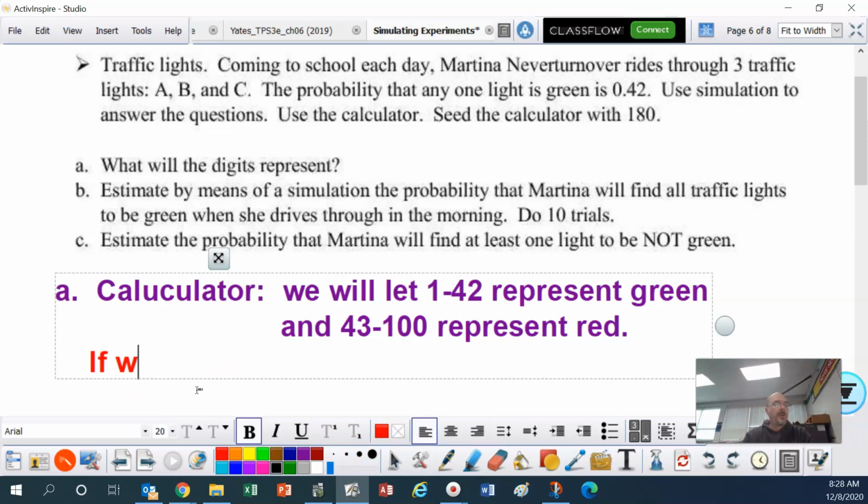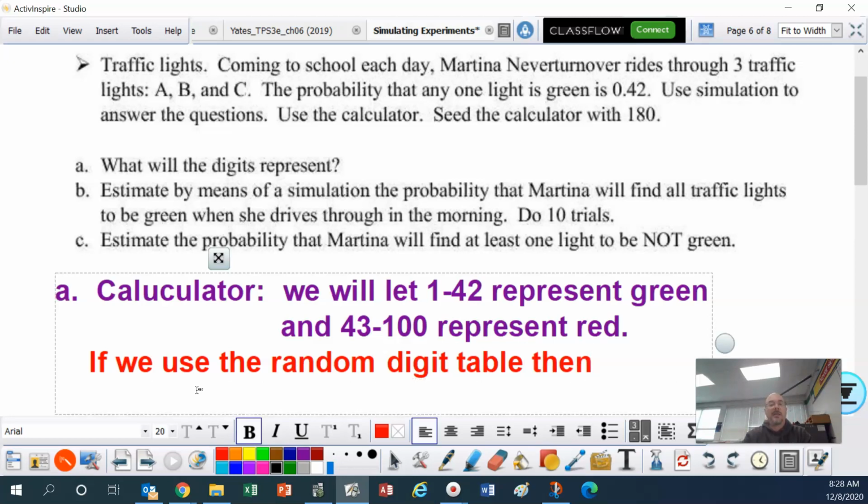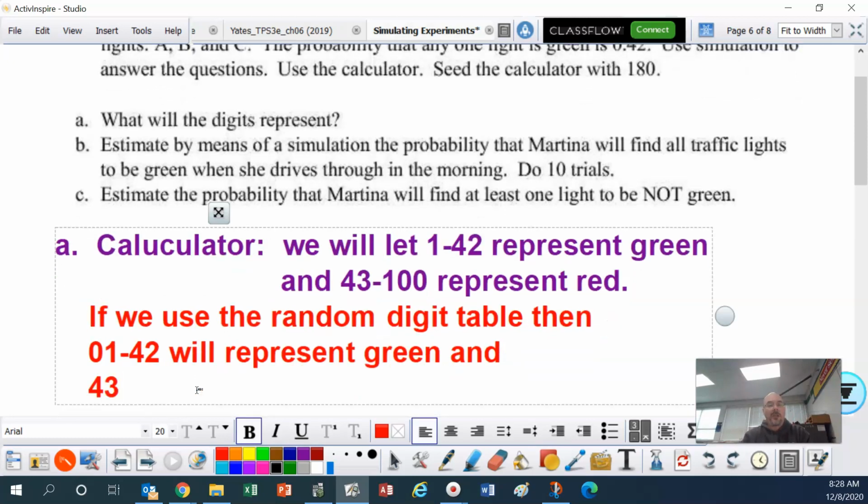If we use the random digit table, then 01 through 42 will represent green, and 43 through 99 and 00 will represent red. Notice I'm using 2 digits.